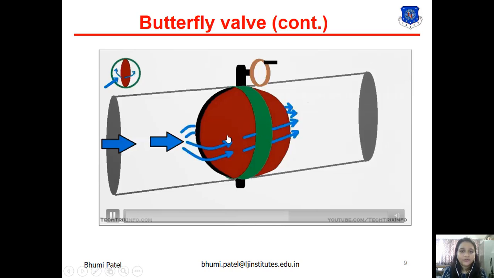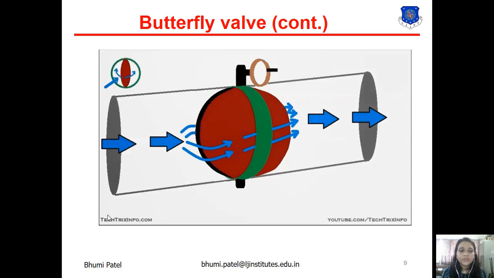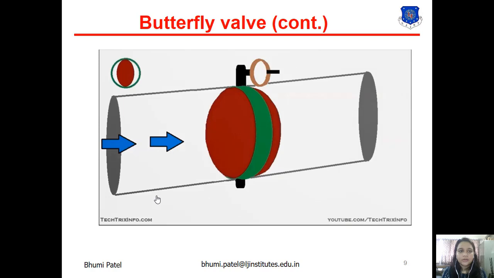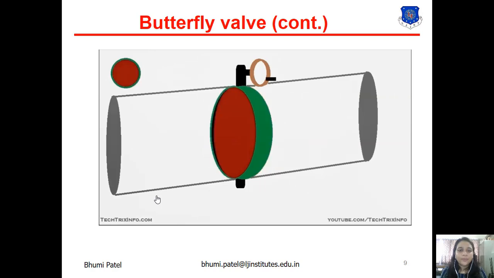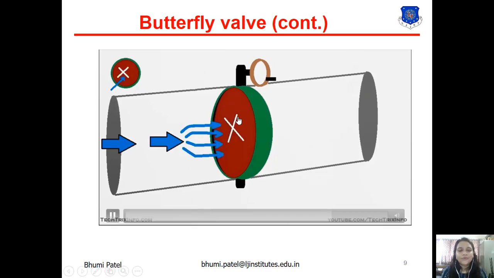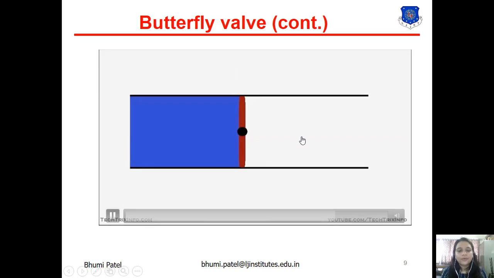Here you can see that the flow is coming in at the input and going out to the output side. This is the fully open butterfly valve position, and this is the half open valve position. So half of the flow passes from the input to the output side, and this is the closed position of the butterfly valve. There is no flow between the input and output.